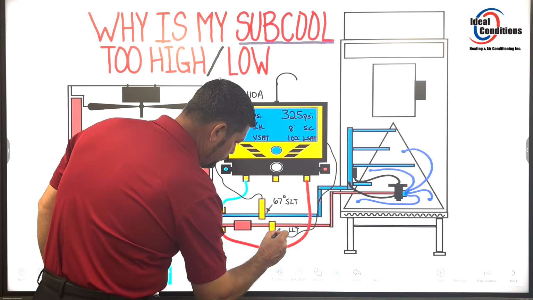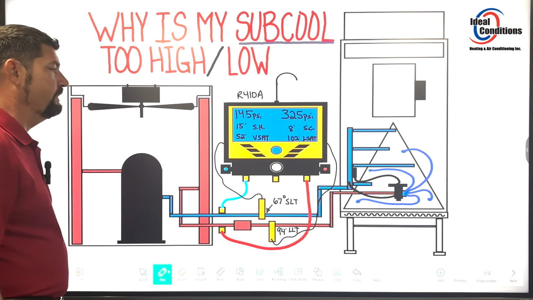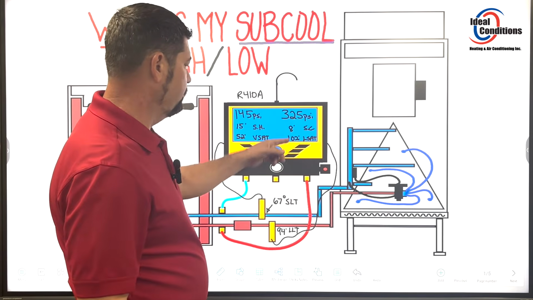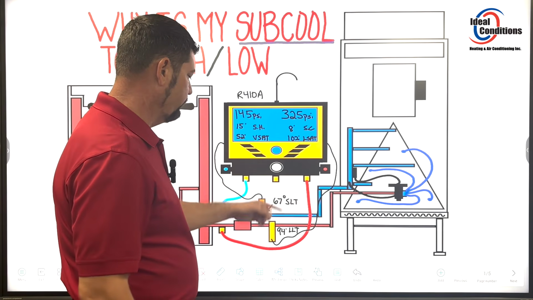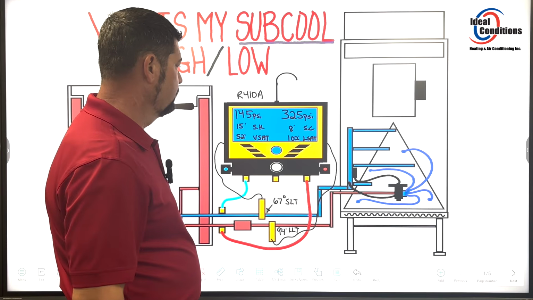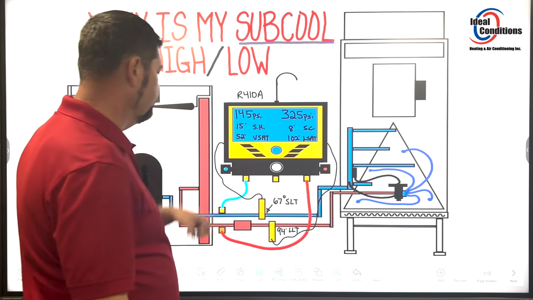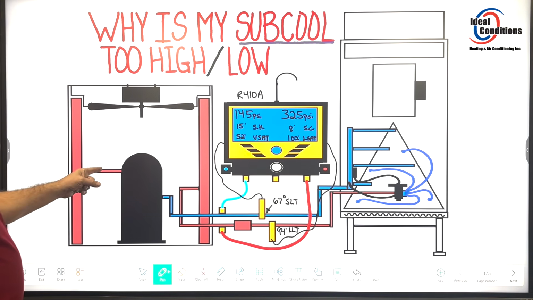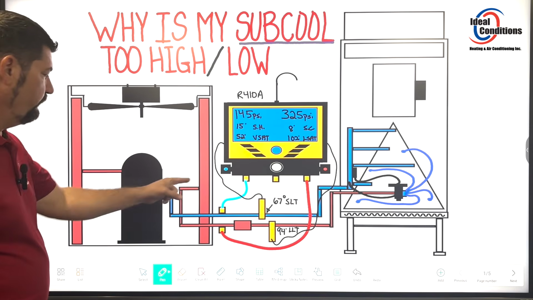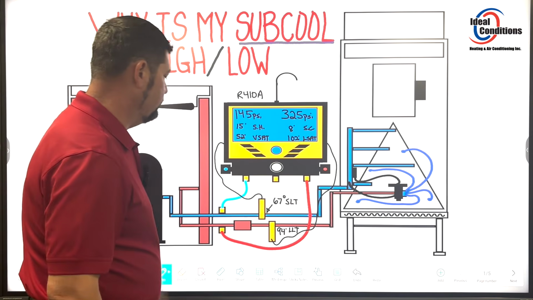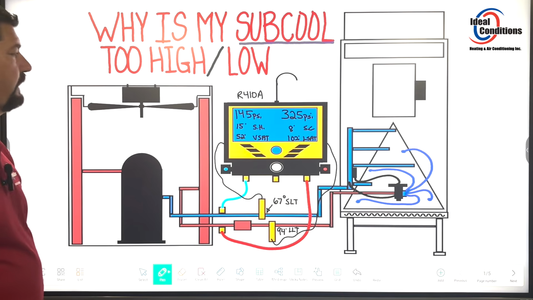So I would read 94 degrees there, and that would mean that the difference between 102 and I've cooled it down further at 94, and that means I've got an 8 degree subcool because I'm at 102 here and I'm leaving my condenser 8 degrees cooler, proving that I have liquid.